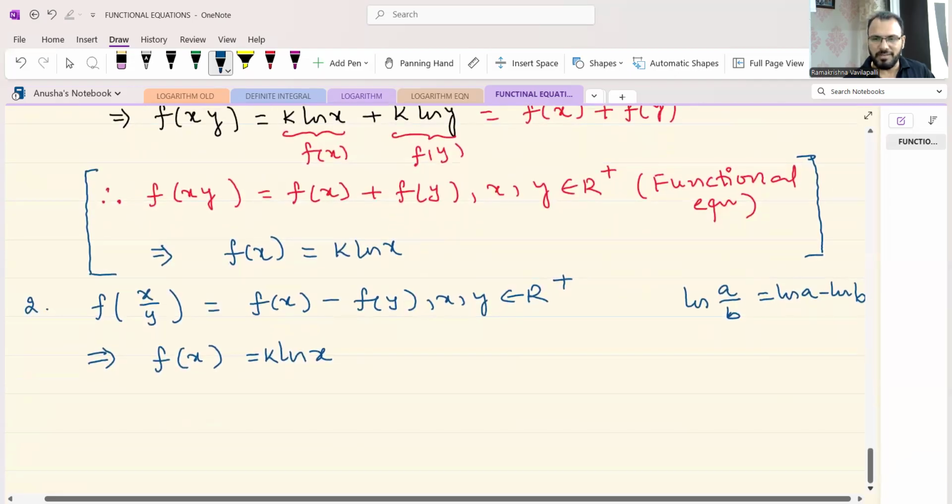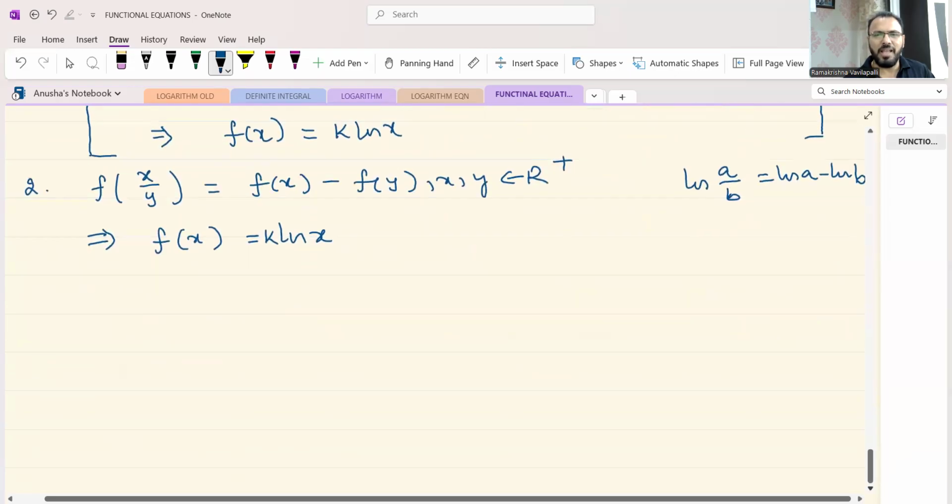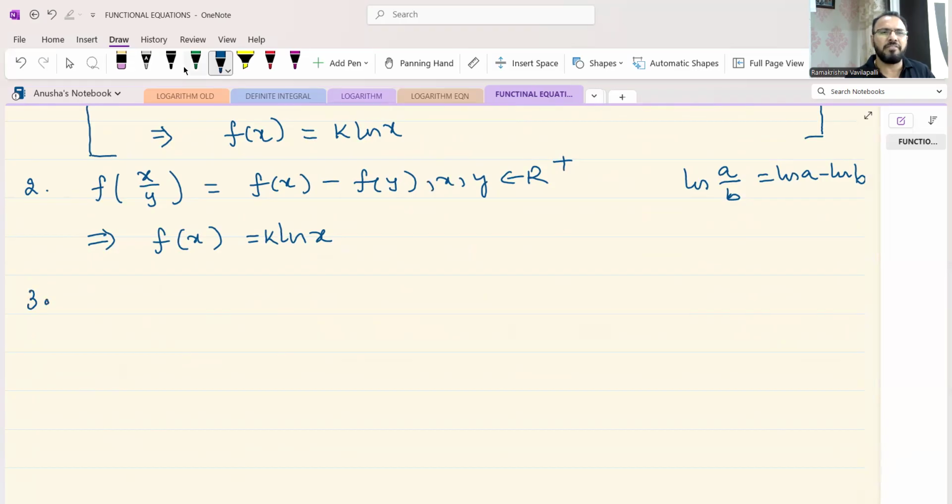What is the third one? After this, I'll solve a few questions of JEE Main. They are very direct. And the next one, we know that a to the power of x plus y equals a power x into a power y.